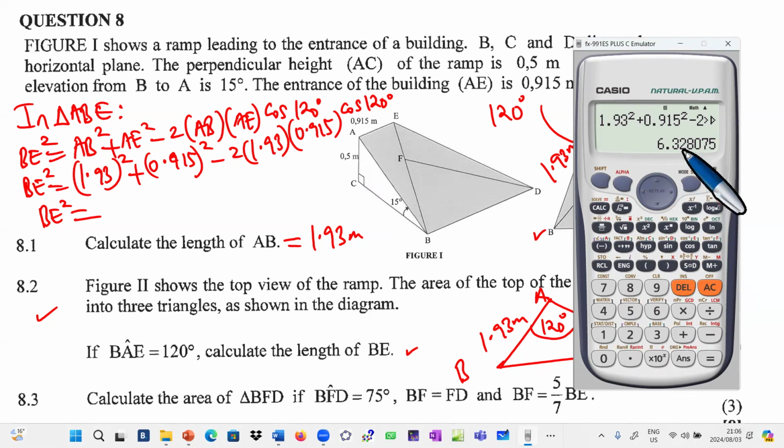Because of the negative here, it's going to actually increase the value. So we write that one, 6.33.